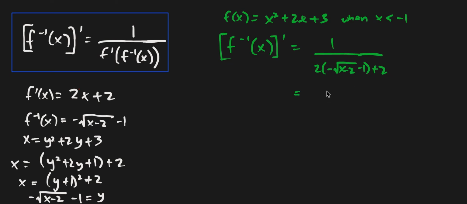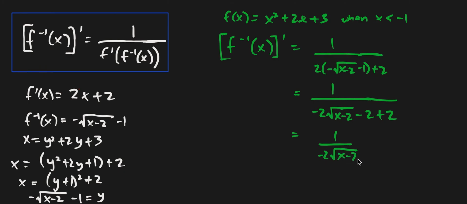When we simplify this, this just becomes negative 2 root x minus 2 minus 2 plus 2. And this just becomes 1 over, this cancels out, negative 2 root x minus 2. And this is the derivative of the inverse function of f of x.